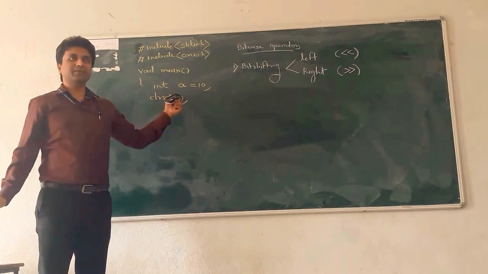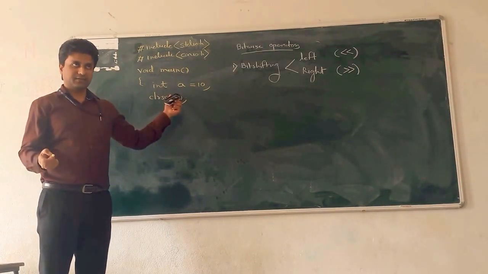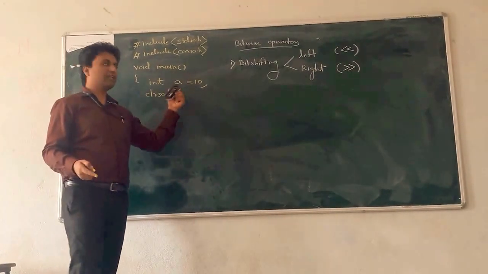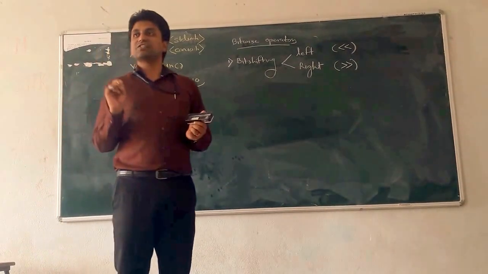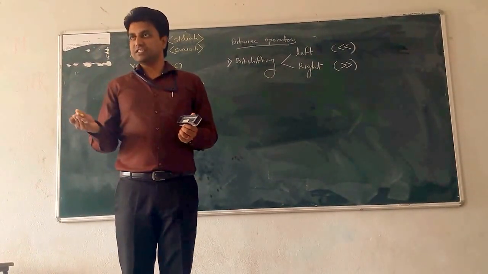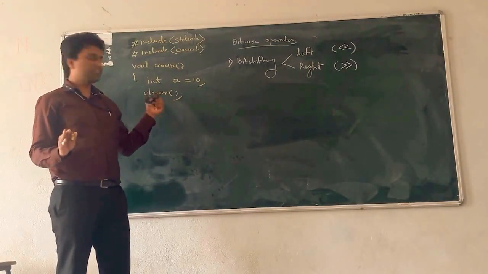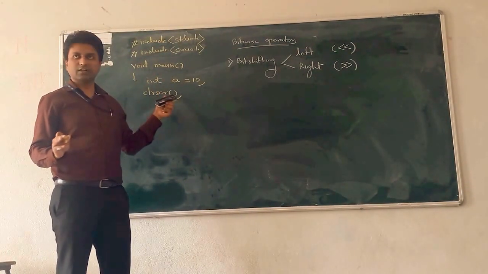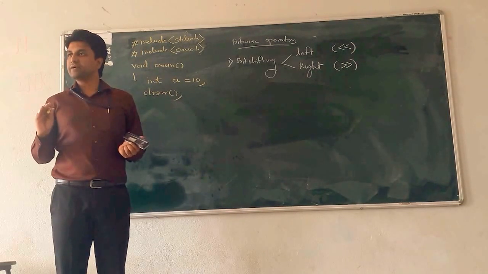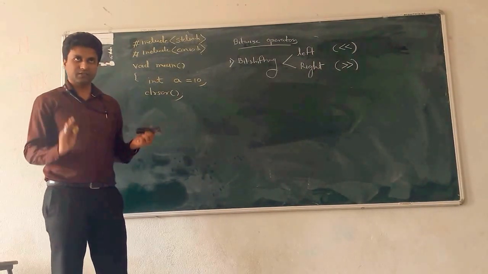This is called variable initialization, when you assign some value to the variable. When you don't assign any value and just declare, that is int a; that is called variable declaration.